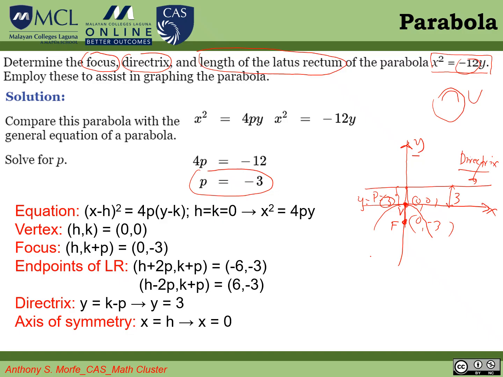So the axis of symmetry is x equal to h, where our h is equal to 0. So x equal to 0, which is the y-axis. So this is the axis of symmetry.